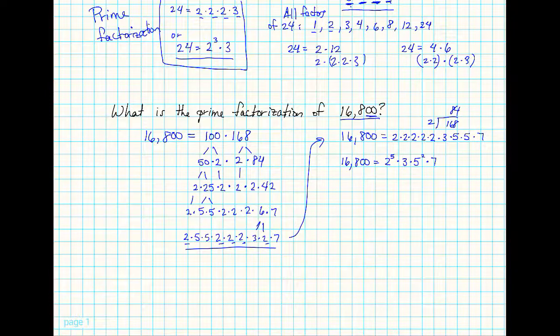So as an example, I could group these together and these together to find another factorization. Let's see, 16,800 is 2 times 2 is 4. 4 times 2 is 8. 8 times 2 is 16. 16 times 2 is 32. So it's 32. Let's see, 3 times 7 is 21, and then 21 times 25.